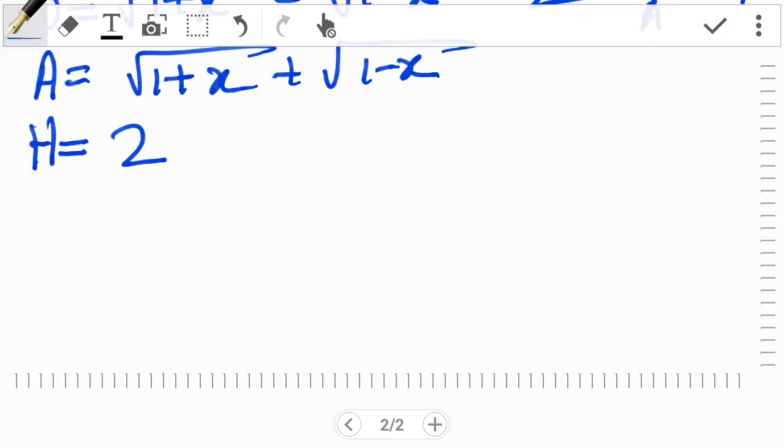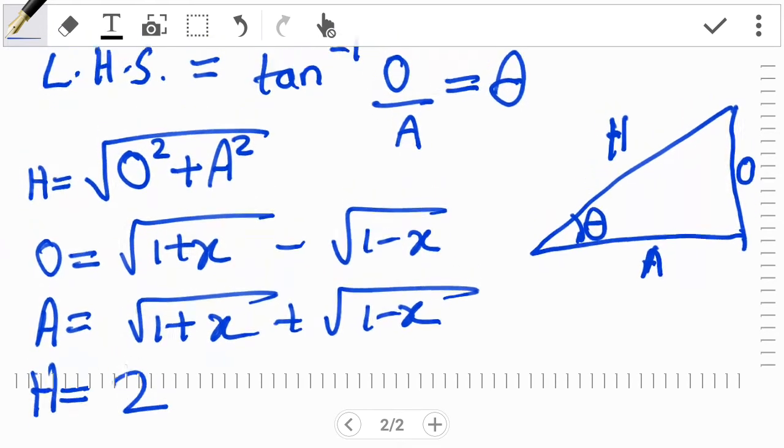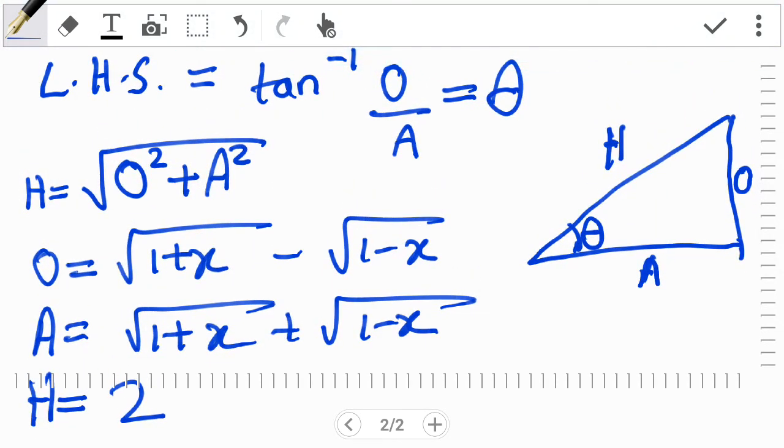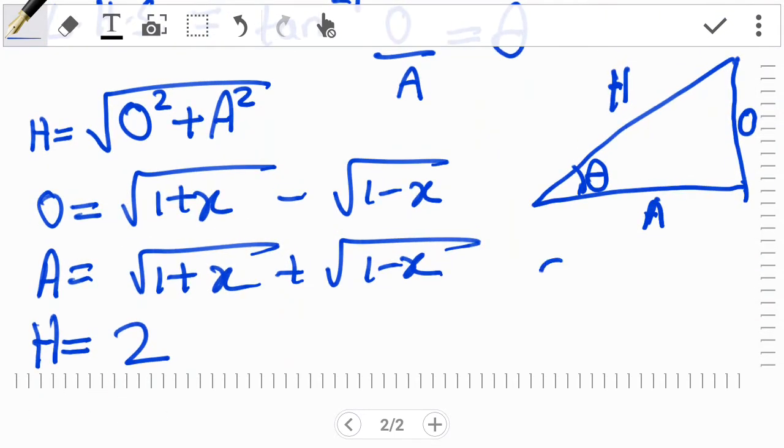So what is theta? We know that theta is tan inverse O by A, since tan of theta was O by A. But we also know that cosine of theta is A by H, the adjacent side by the hypotenuse, correct?